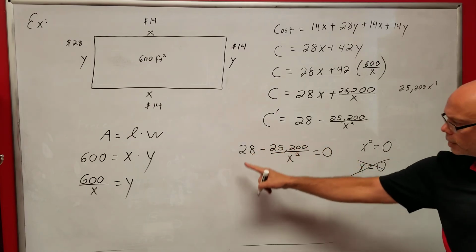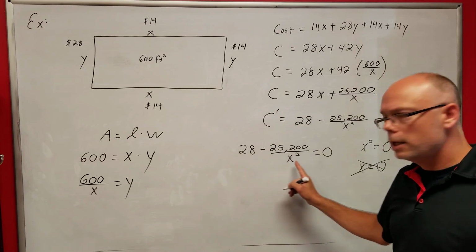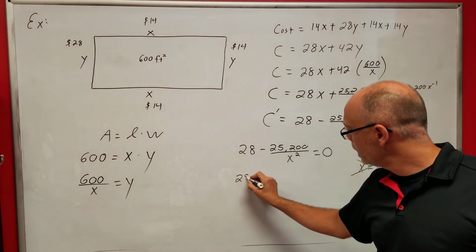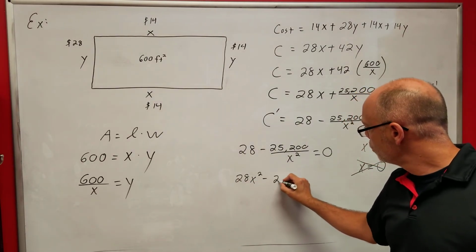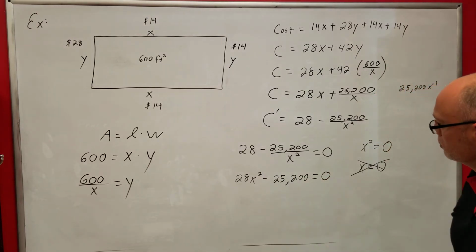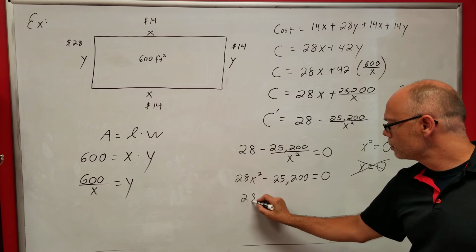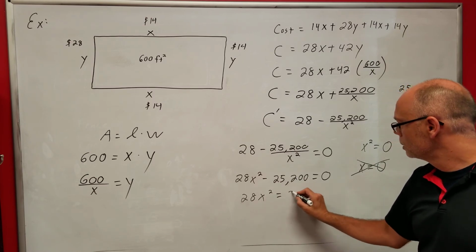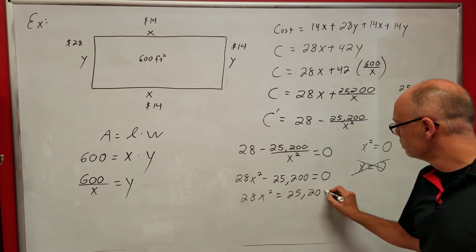So let's solve this equation. If I multiply each term by x squared, I get 28x squared minus 25,200 is equal to 0. 28x squared is equal to 25,200.